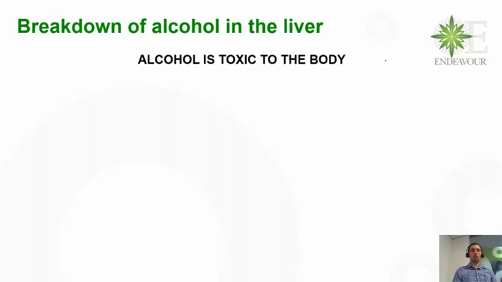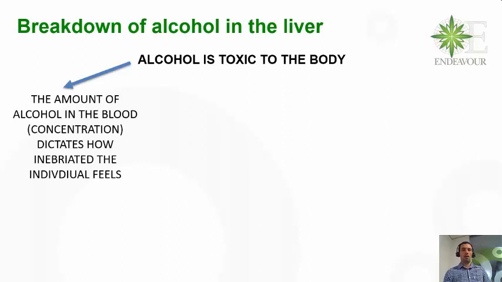So as we know, alcohol is toxic to the body, and the amount of alcohol in the blood, or the concentration, is actually going to have a direct effect on how inebriated someone feels when they're drinking. So this is what they test when you do a breathalyzer, your blood alcohol concentration. So the more alcohol in your blood, the higher you're going to read on that breathalyzer test.